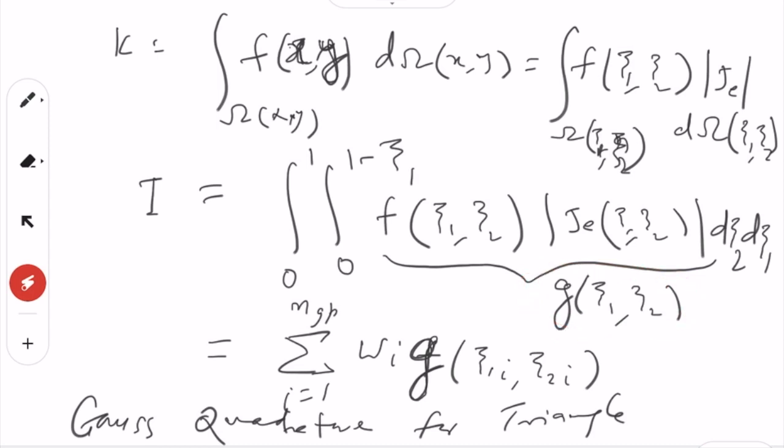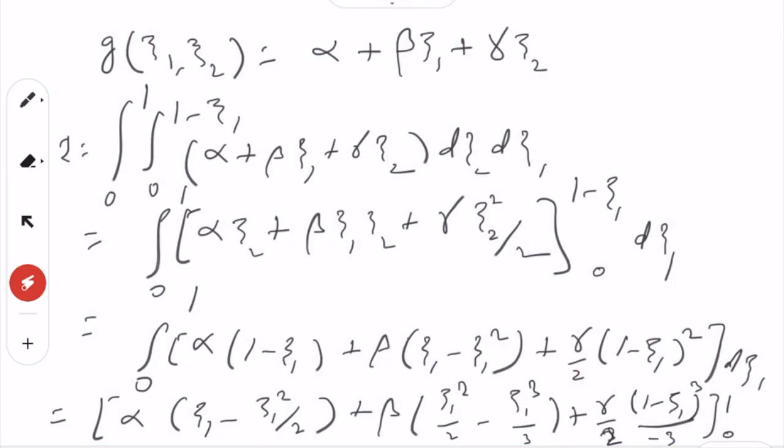We can also write it in terms of this. Remember, we can replace this with the function multiplied by the determinant of the Jacobian. So you can write Wi multiplied by f(xi1, xi2) and then the Jacobian at (xi1, xi2). You have to be careful with this: the G includes the Jacobian inside.